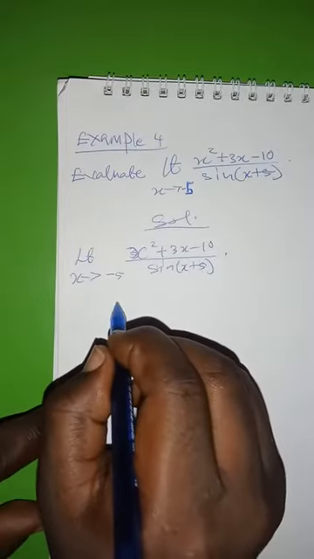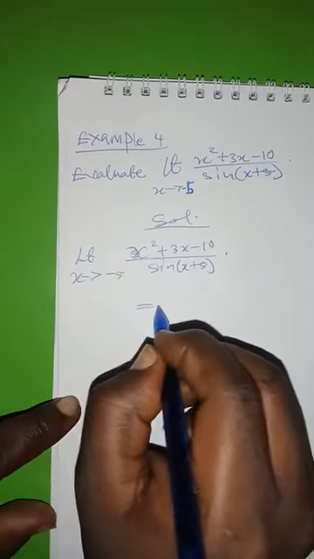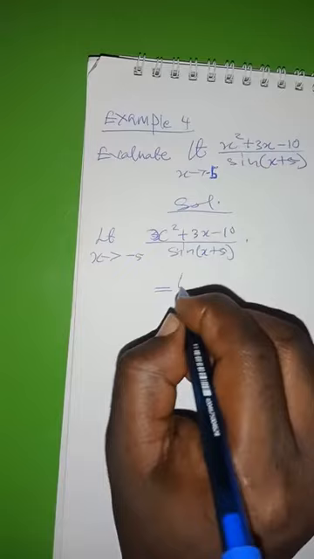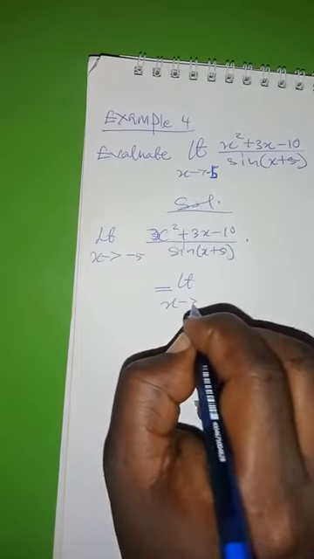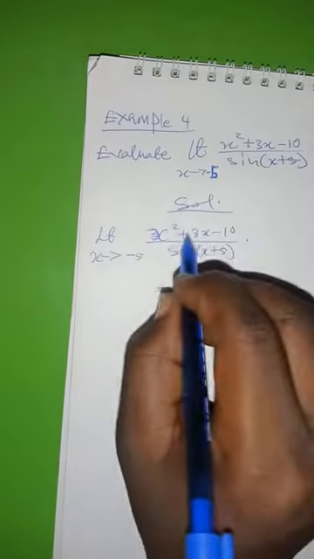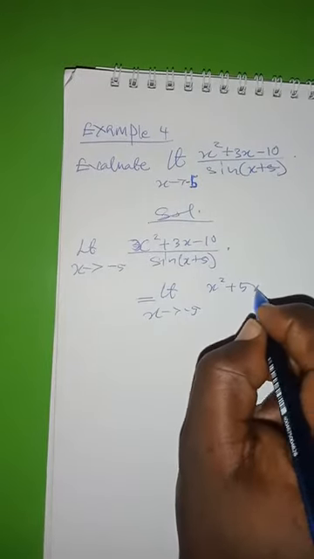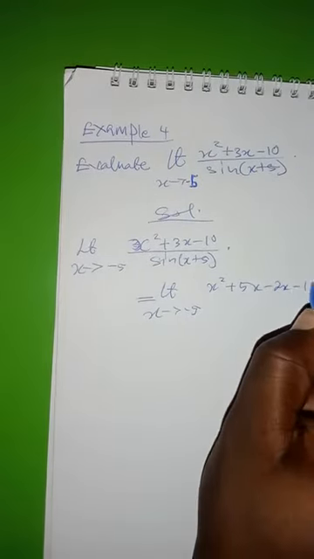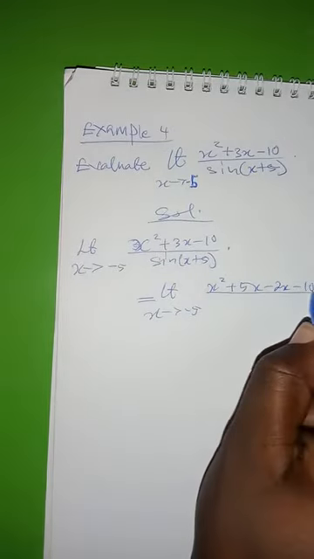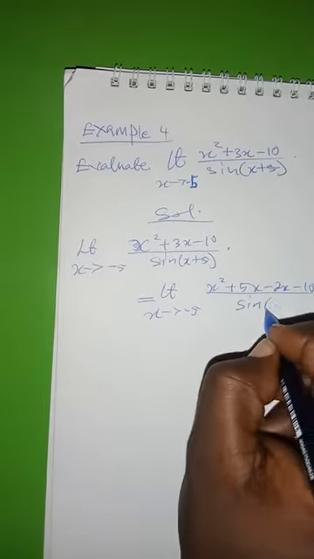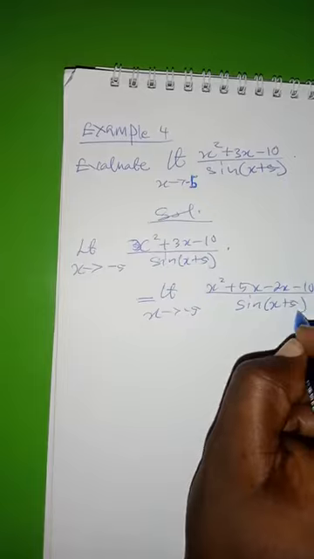Okay, so that means that this becomes equal to limit as x tends to minus 5, factorize this, x squared plus 5x minus 2x minus 10, everything over sine x plus 5, like this.